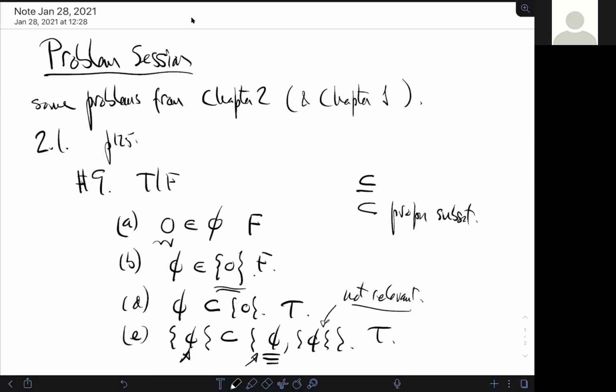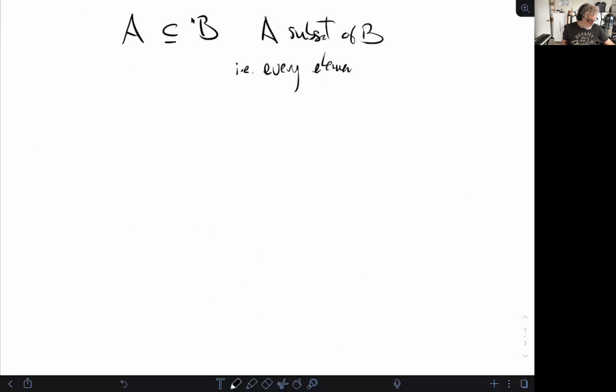Could you re-explain the difference between a proper subset and just a subset? Yeah. Okay. Let me switch slides here. So we take a set here like this. This means that A is a subset of B, which means every element of A is an element of B. Okay, so I guess everybody's okay with that.